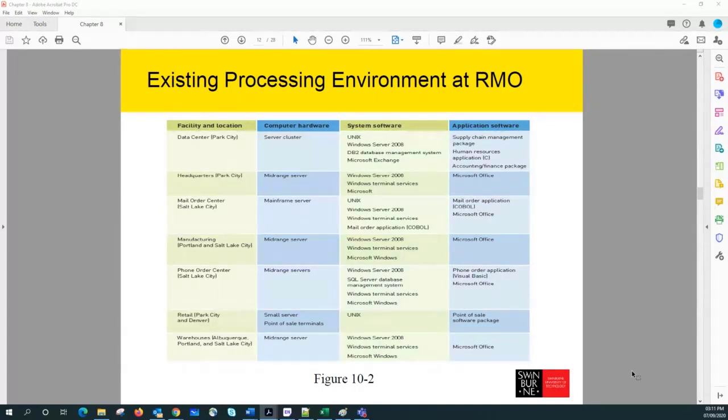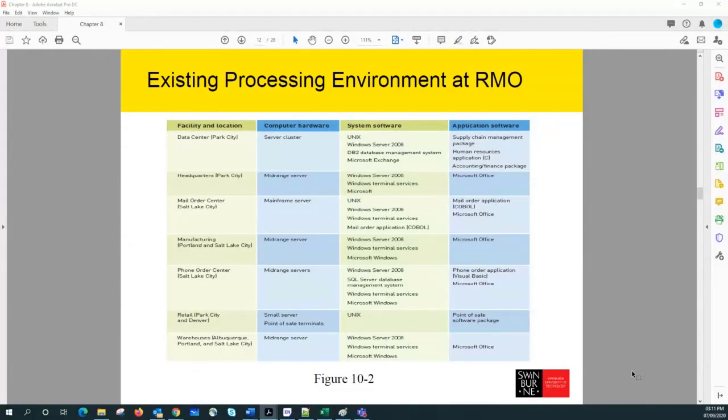Now, in this case, our case company, Ridgeline Mountain Outfitters, has tabulated all this information in a table to get an idea of how we are going to analyze this, how we are going to improve the deployment, and what else we need to implement or change. You can see here, this is a big company, so their information processing facilities are distributed in different cities in the US.